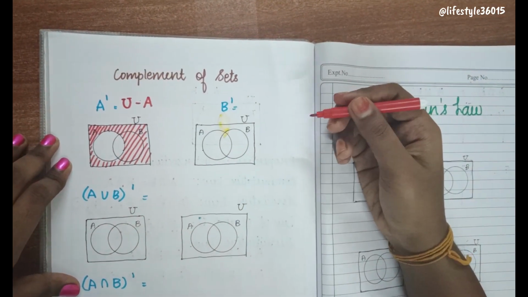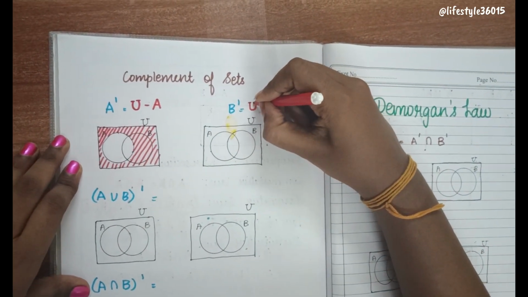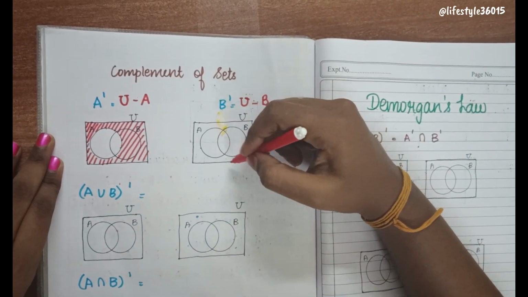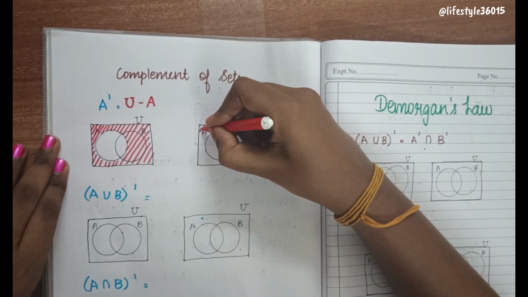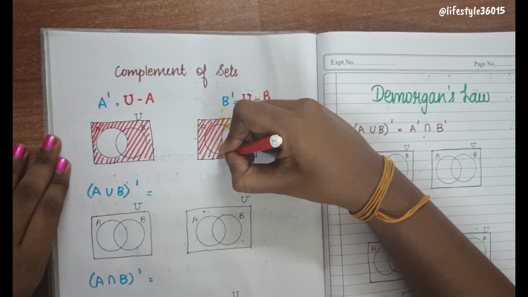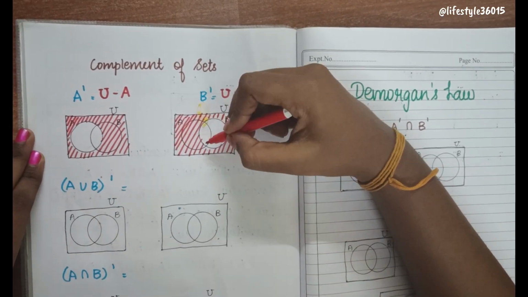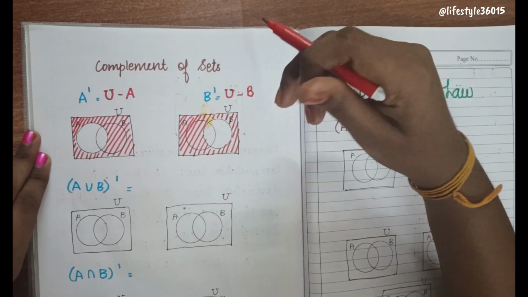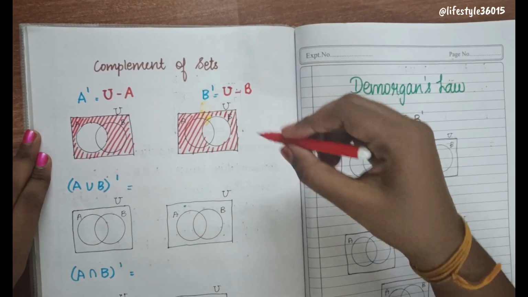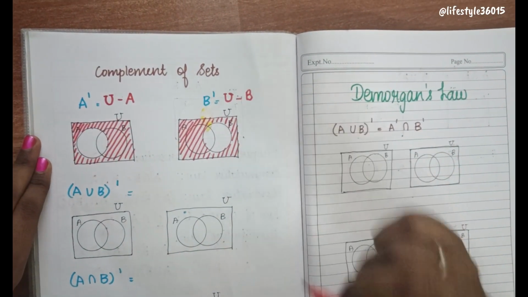Now let's move to the B dash. B dash is nothing but universal set minus set B. Now we will not shade the B set and we will shade the other regions. Don't shade this common region, because this common region belongs to B also, right? So we should not shade that. This is how we shade for B dash.